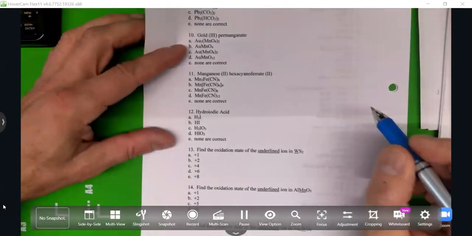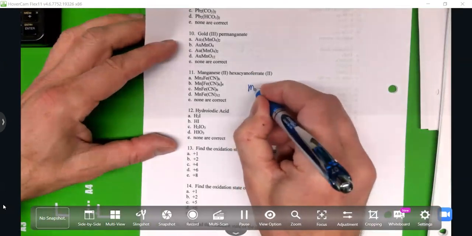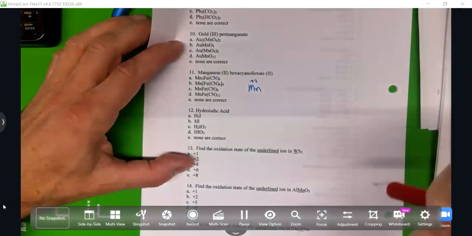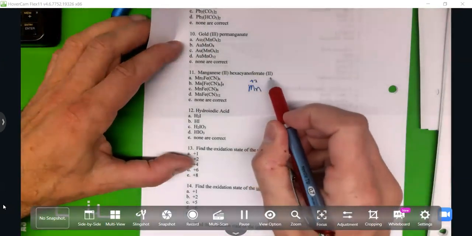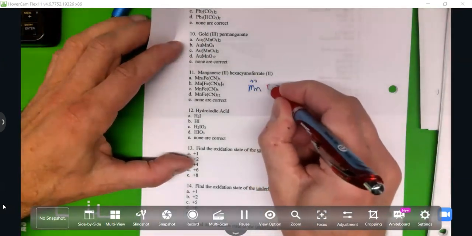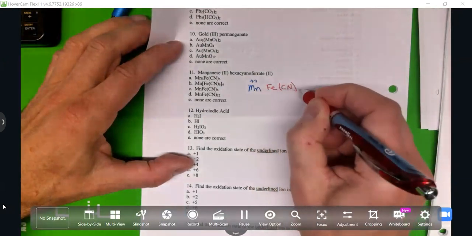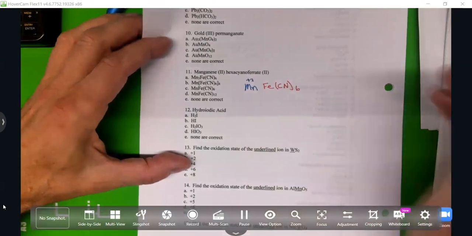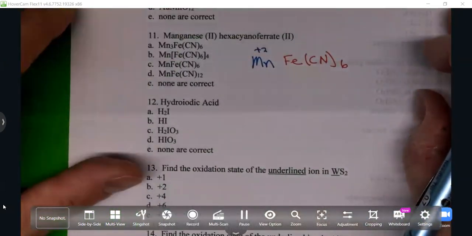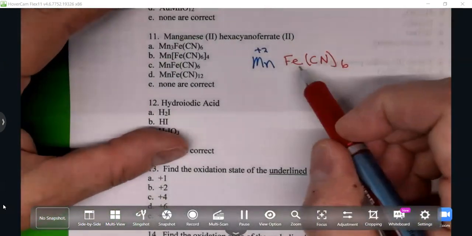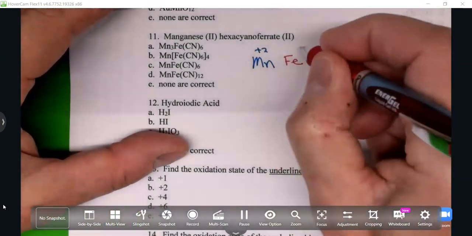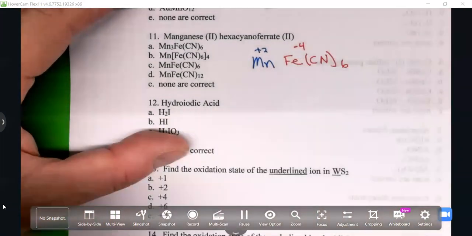So for 11, we've got manganese 2, and then hexacyanoferrate 2. So hexacyanoferrate 2 is Fe(CN)6. And that 2 actually is the charge of the iron in there, but this entire thing is -4.